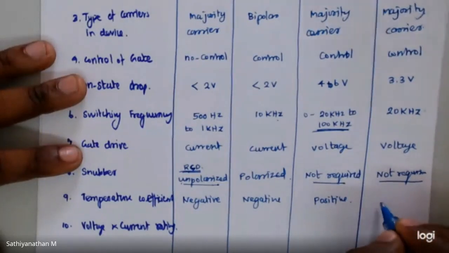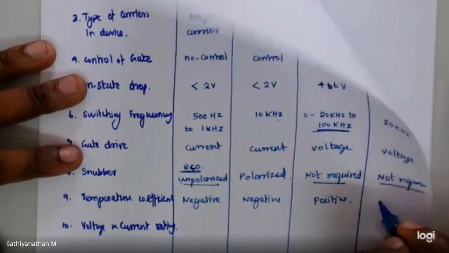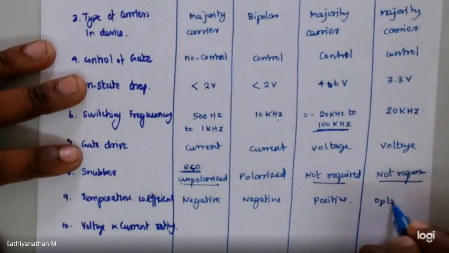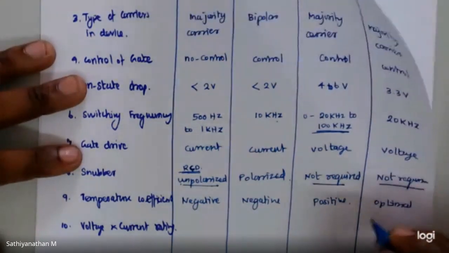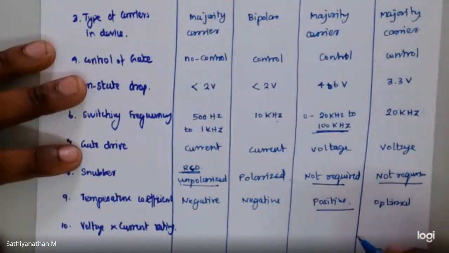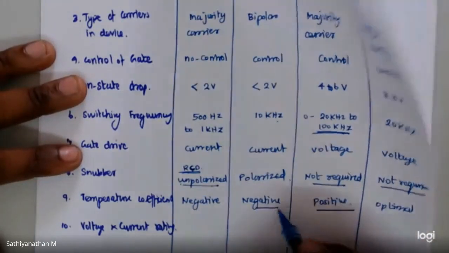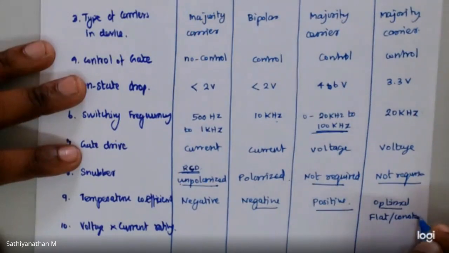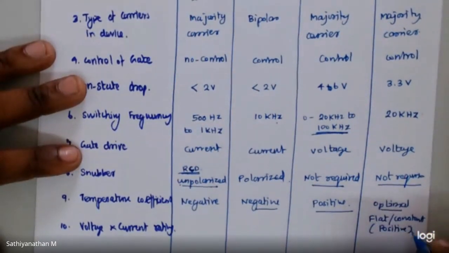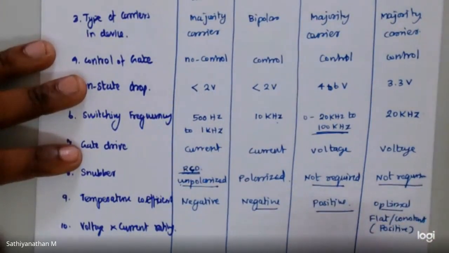Okay, and if you take an IGBT, it is optimal. Because it has the feature of positive, and sometimes it may be affected by negative. So it is optimal. So it usually has a flat or constant temperature coefficient. So normally it is positive. In some cases, it will respond to a negative temperature.